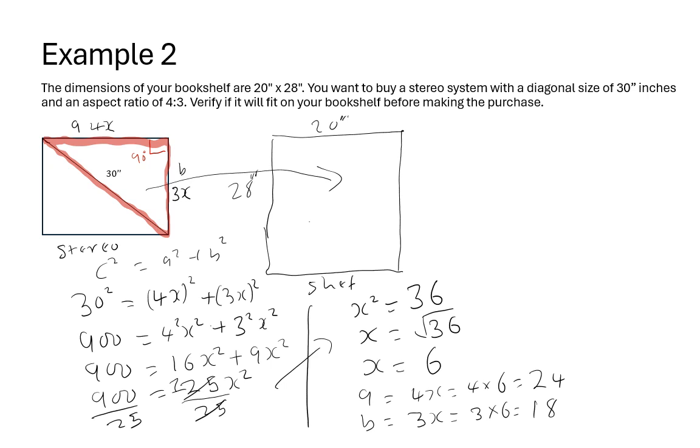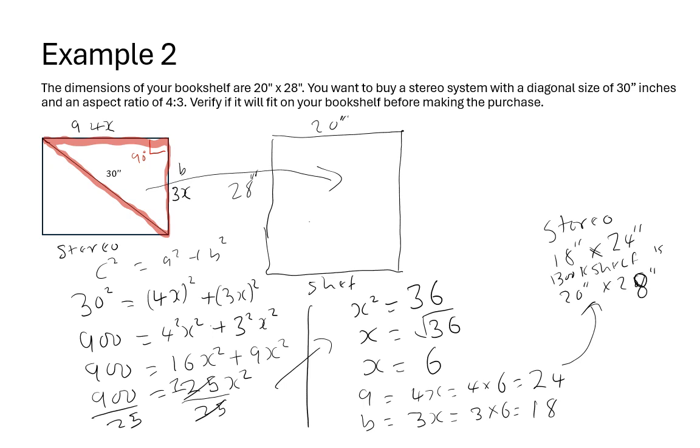So our stereo is 18 inch by 24 inch. This is our stereo, and our bookshelf is 20 inch by 28 inch.